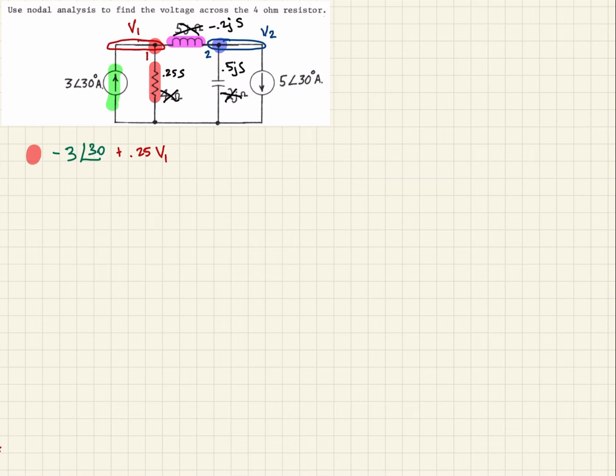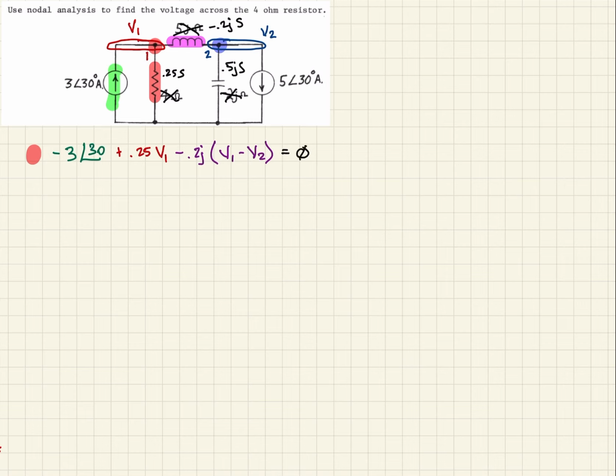So we've got negative 0.2j times (V1 minus V2). That's the 3 paths going in and out of there, so we should be able to set that equal to 0.